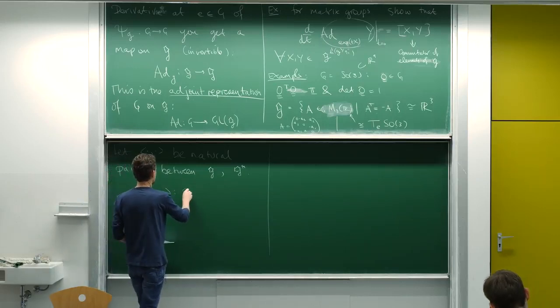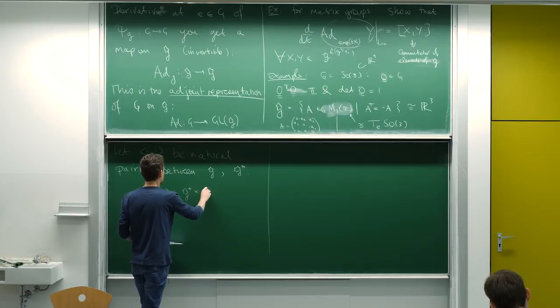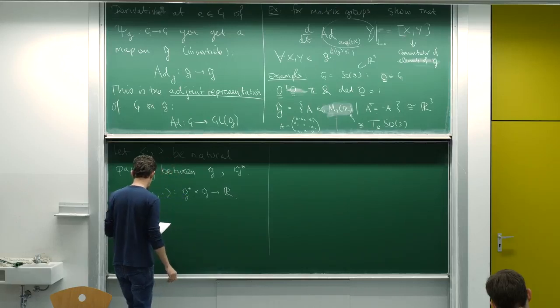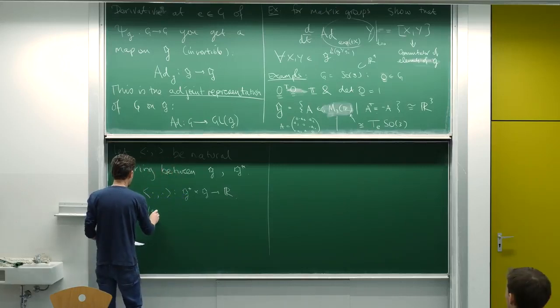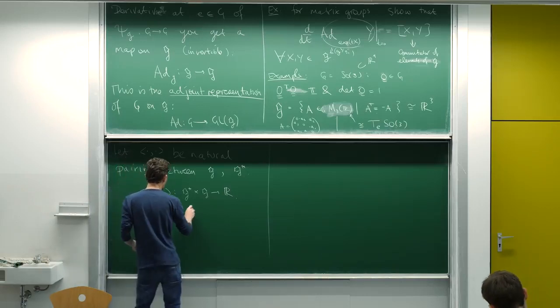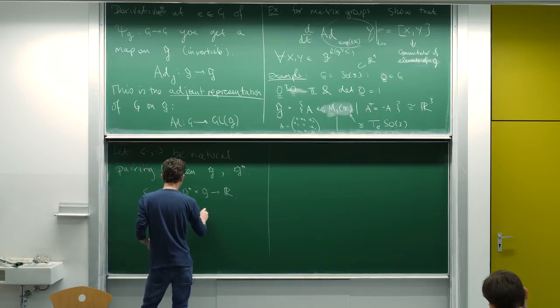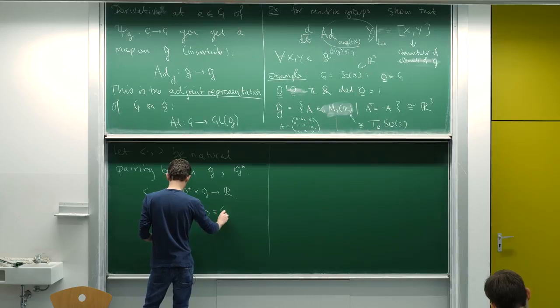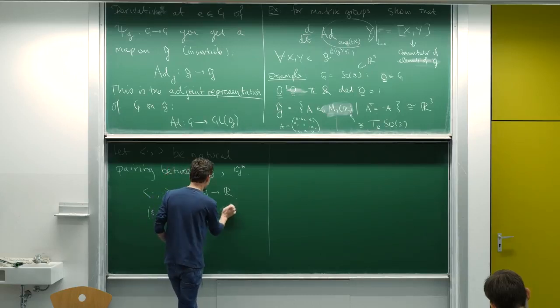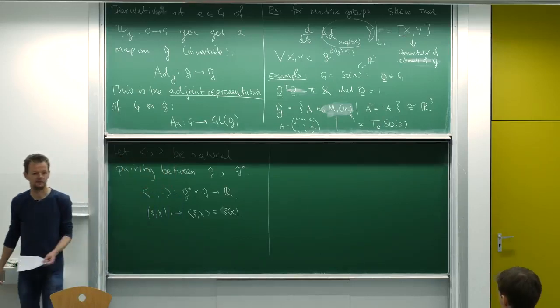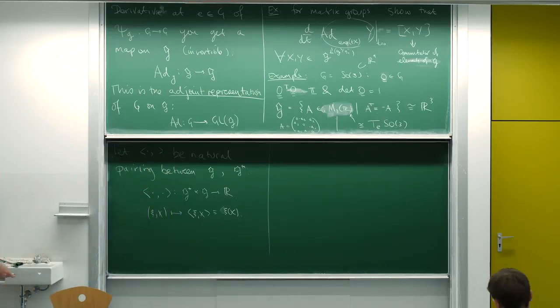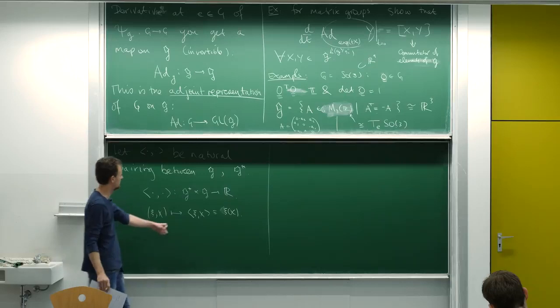It takes two arguments, one from the dual, one from G itself, and gives a real number. And it's none other than that action.